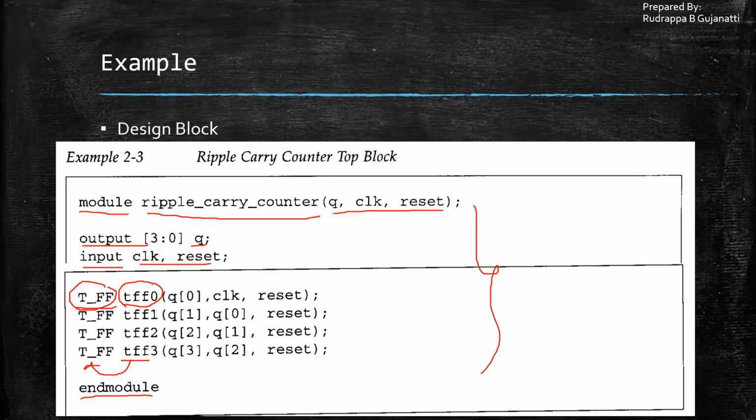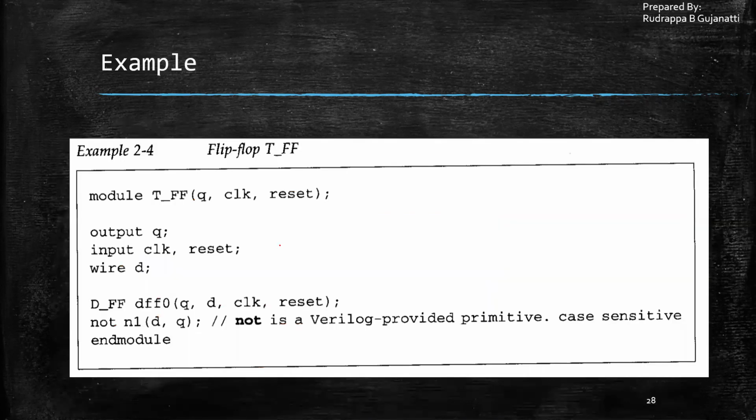These are instances, or we also call them objects. Through these objects, you can see the parameters it deals with. So this is the design block.